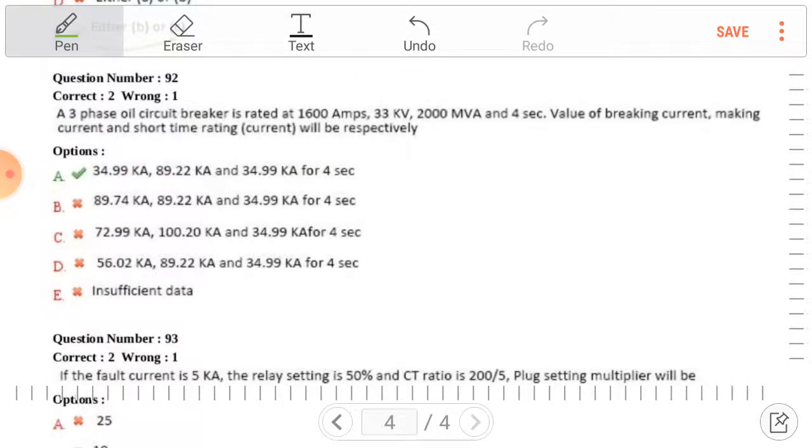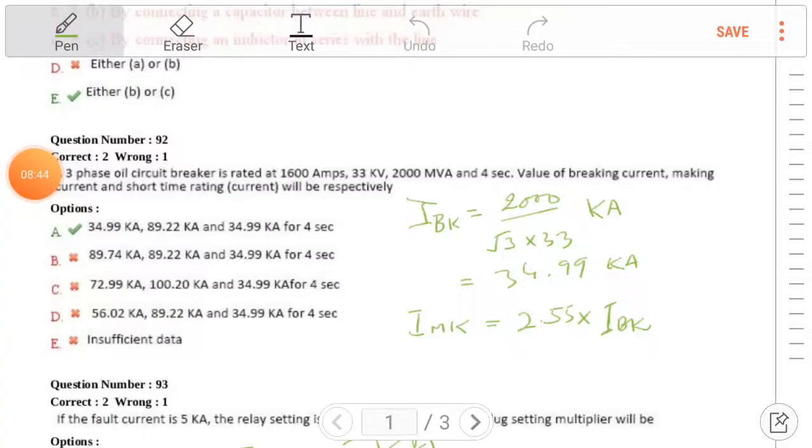A three-phase oil circuit breaker rated at 1600 ampere, 33 kV, 2000 MVA and 4 seconds is the operating time. Value of breaking current, making current and short time rating current will be. So breaking current can be determined by the MVA divided by root 3 into kilovolt given.